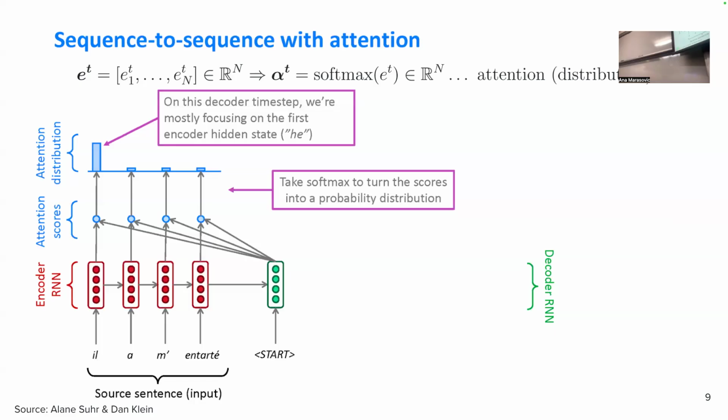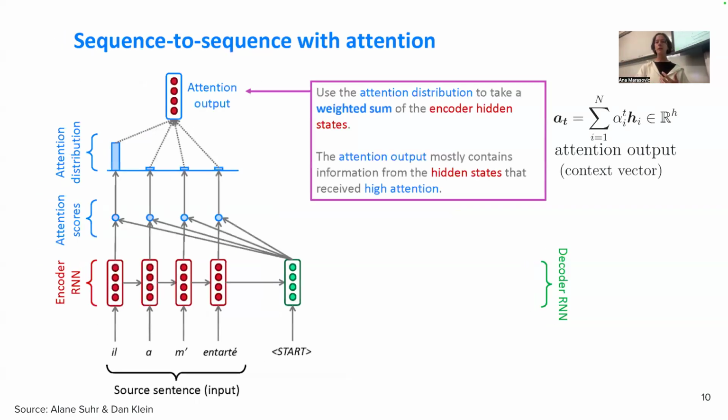So if the first word was really important in the first decoding step, which it usually is, then we want to take a lot of information from the hidden representation of the first token and less from the others. And the way we are going to do that is by simply taking a weighted sum of the hidden representations in the source sequence.